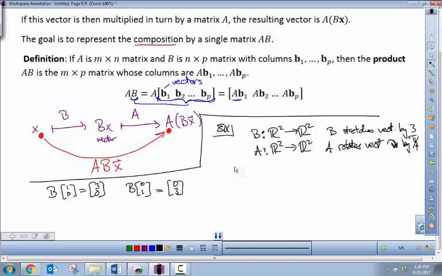So this will actually give us our matrix. Remember, if you know what it does on E1 and E2, then you know what it does to everything, and you can use that matrix. And these just turn out to be the column vectors of your matrix.